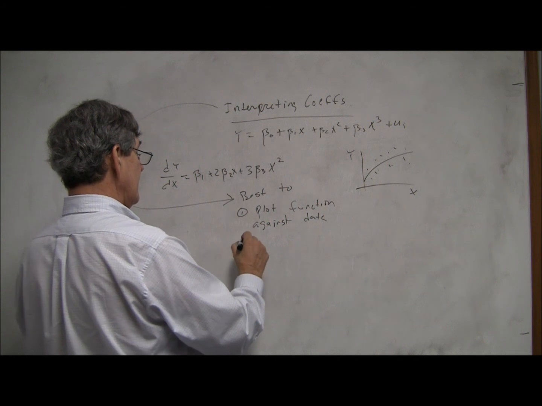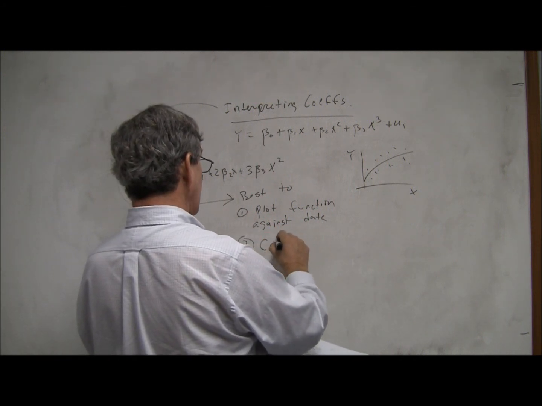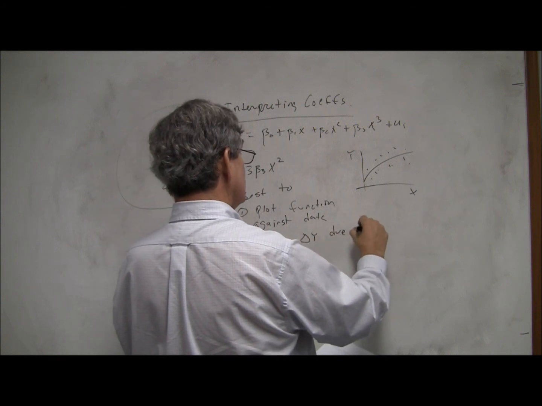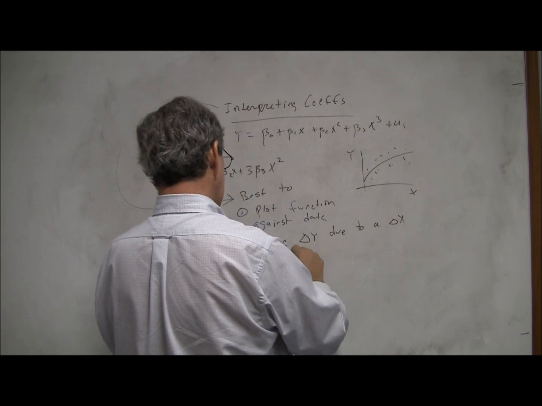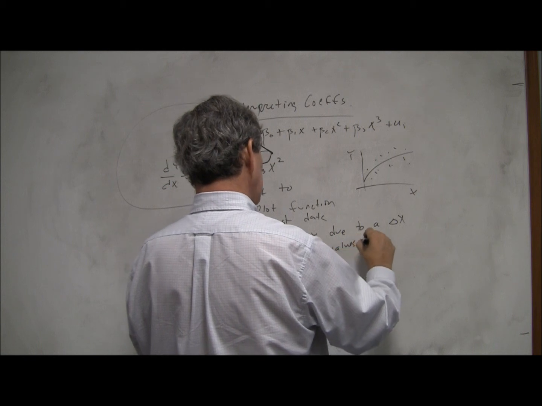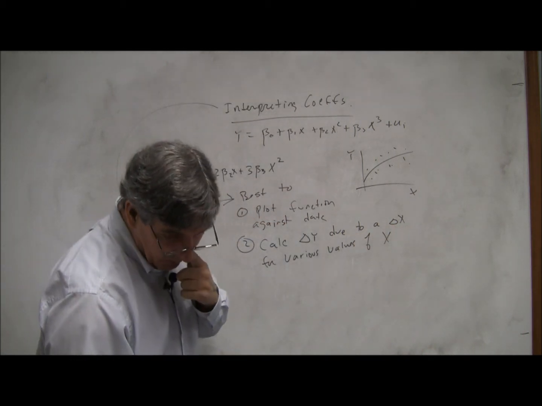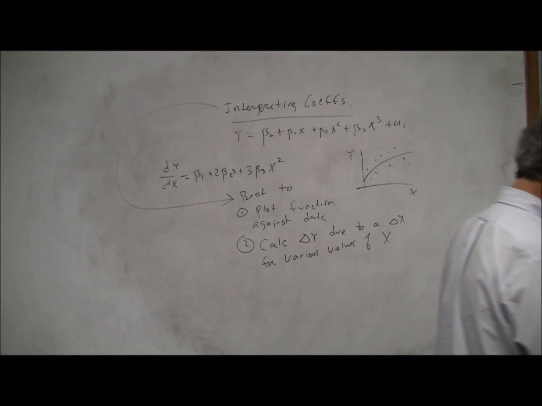And then secondly, do what we did earlier: you can calculate the change in y due to a change in x for various values of x. That's what we did before when we had the quadratic. This is a cubic model.